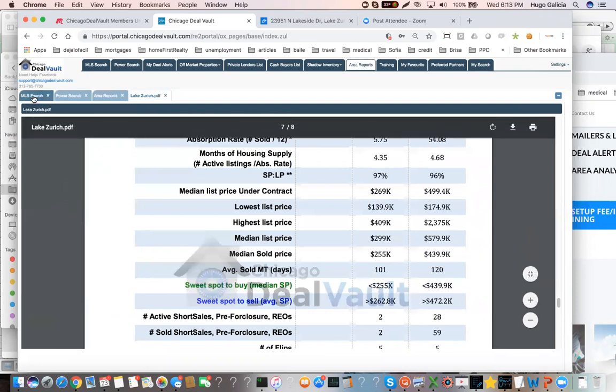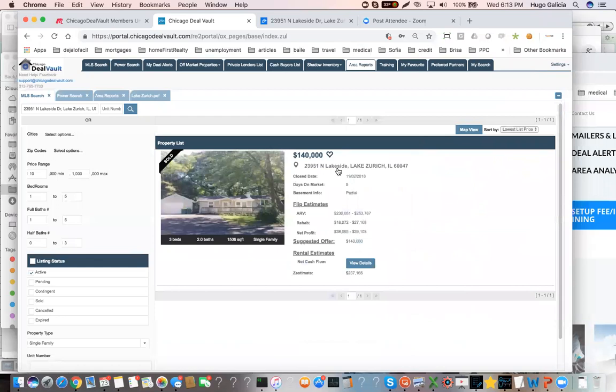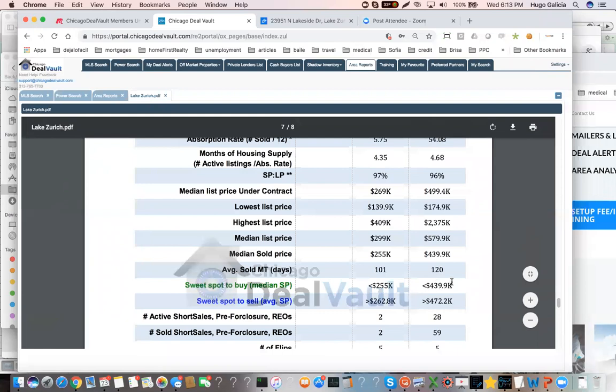So when the system flagged this property, listed for about 150 in Lake Zurich, and the property looked fairly decent, we jumped on it right away, because we knew that the property sold for a lot higher.